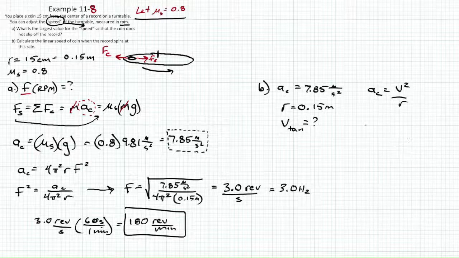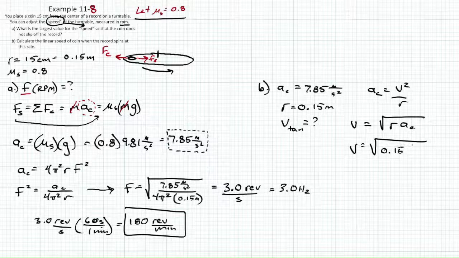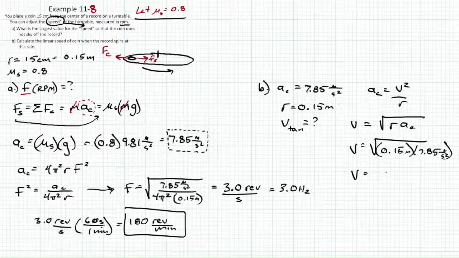So we can say that the tangential velocity is going to be the square root of the radius times centripetal acceleration. 0.15 meters times 7.85 meters per second squared. So velocity is 1.09 meters per second.